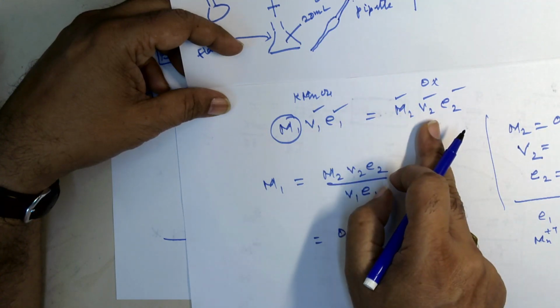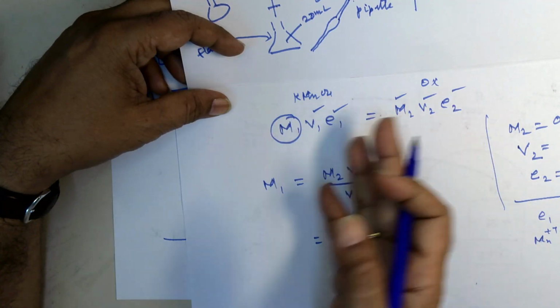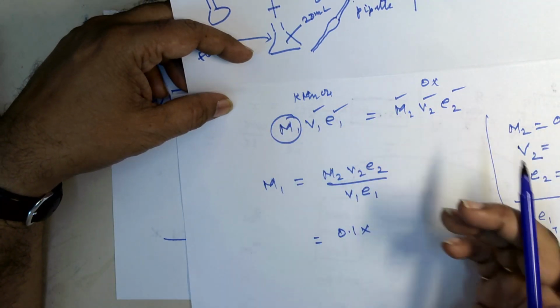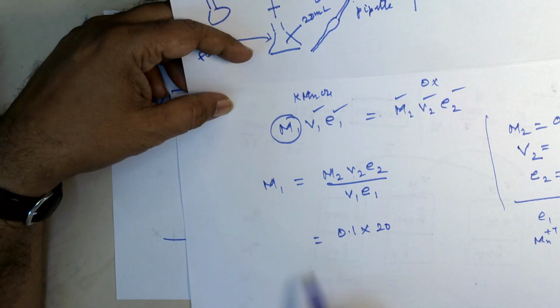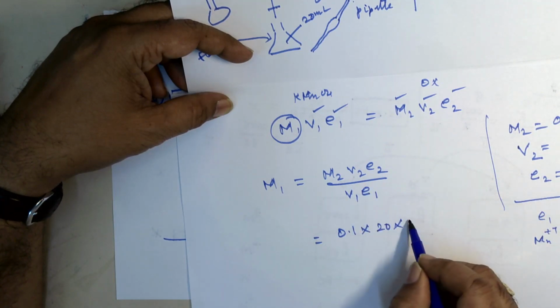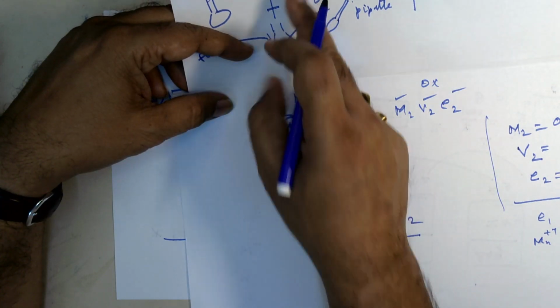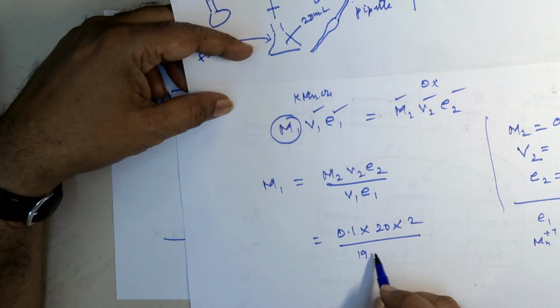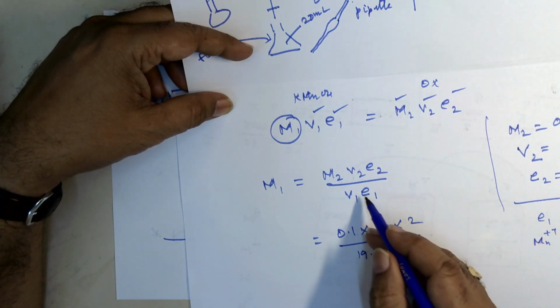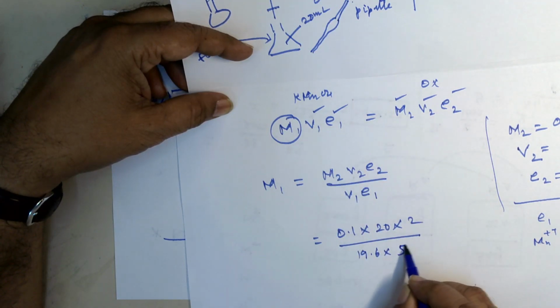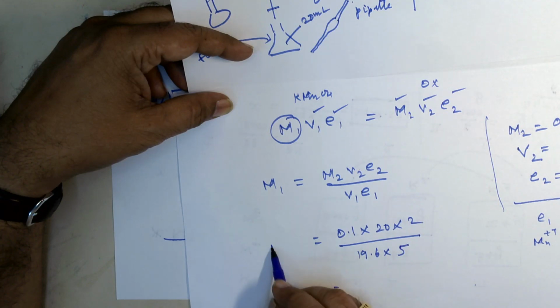Since both volumes are in ml, you can maintain that; otherwise, you can convert into liters. And the valency factor E2 is 2, divided by the volume of KMnO4, the titer value, 19.6, into the valency factor of KMnO4, which is 5.